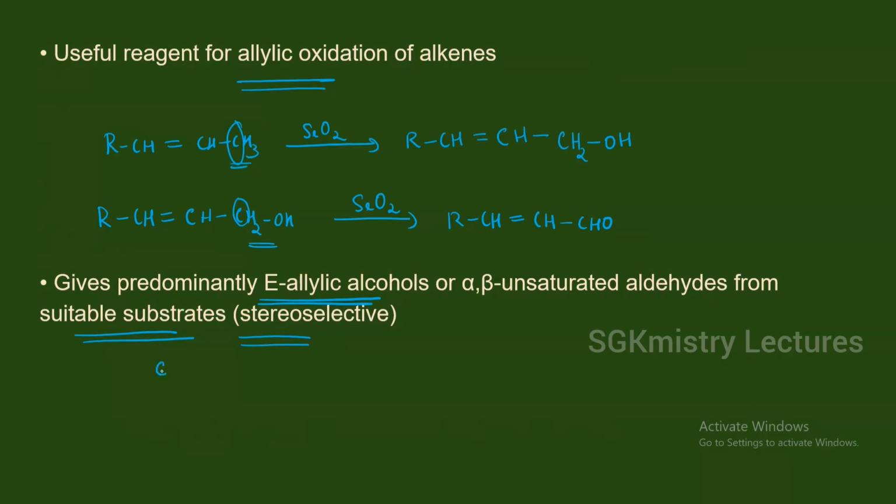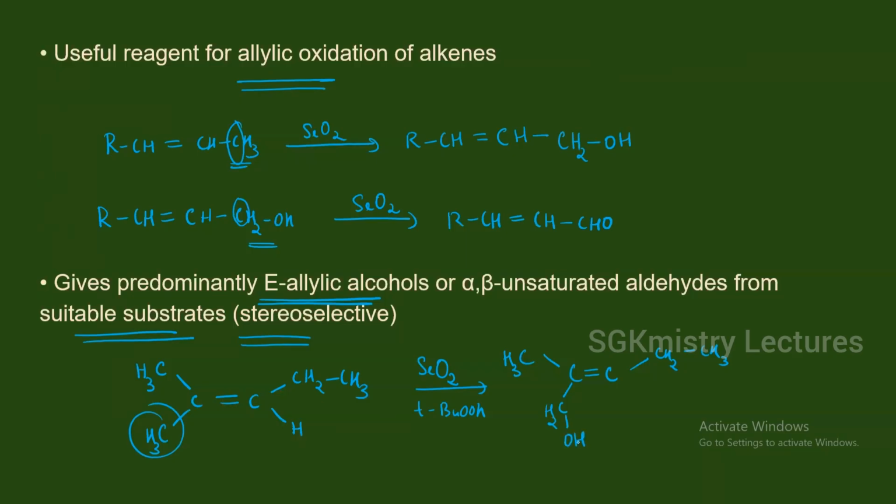Now let us look into the reaction. So here we have CH2CH3, H, CH3. Suppose you take this particular alkene in the presence of SeO2. So we have CH3, C=C, CH2CH3. Now this CH3 will be oxidized to CH2OH, right?